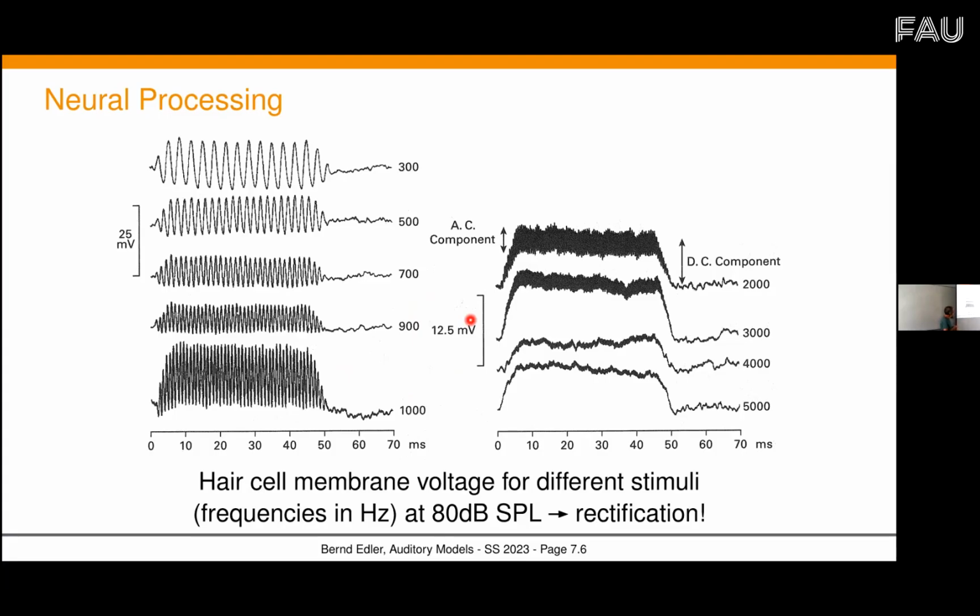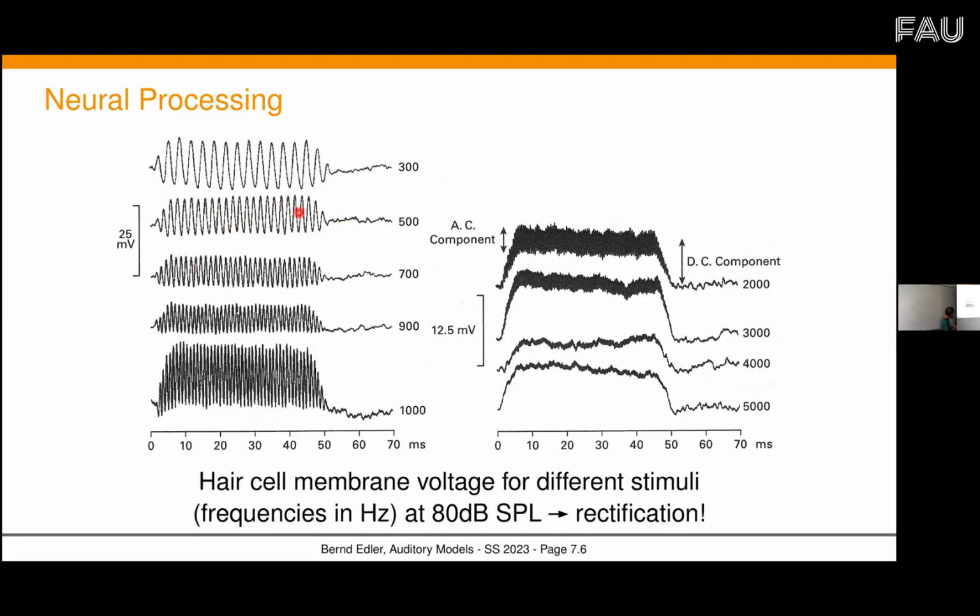If we have fairly low frequencies, like here, a 300 hertz tone, we have the vibration, so 300 times per second it moves to the right and then to the left again, and so on. And so we see here that this 300 hertz is still visible in the potential of the hair cell, or the membrane voltage.